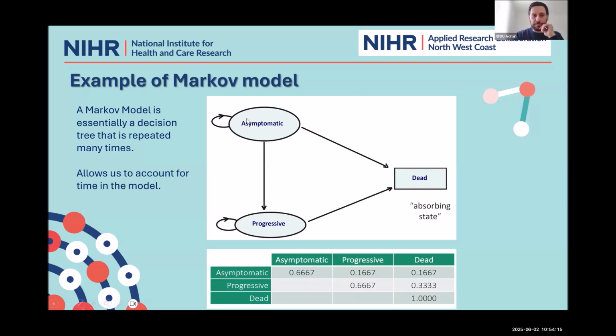In year 0, everyone might be asymptomatic. In year 1, let's say, some people will have moved to the progressive condition. And as you go on, more and more people, of course, will end up in the absorbing state of death. Everything is controlled by specific transition probabilities.